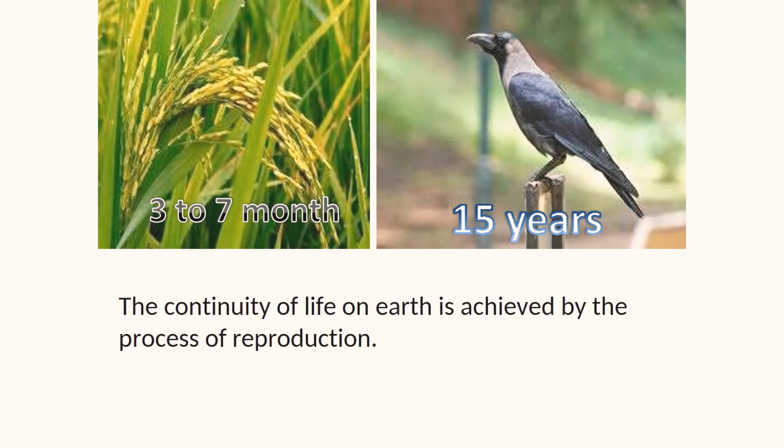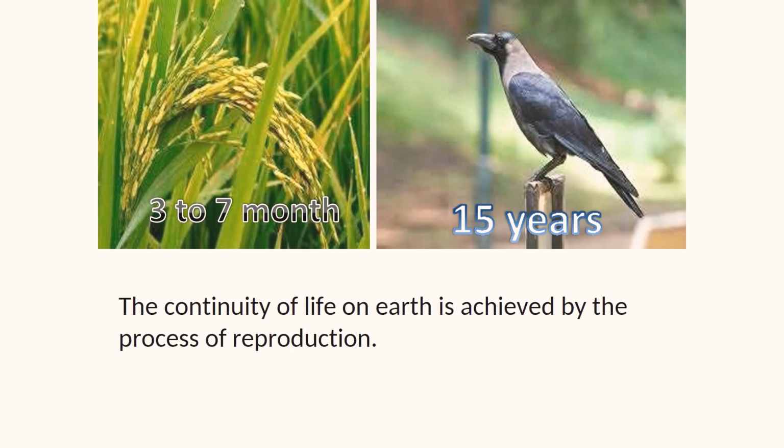Some plants show maximum variation of their lifespan. Some annual plants complete their life cycle only in one season. The lifespan of this type of plant is only a few months.